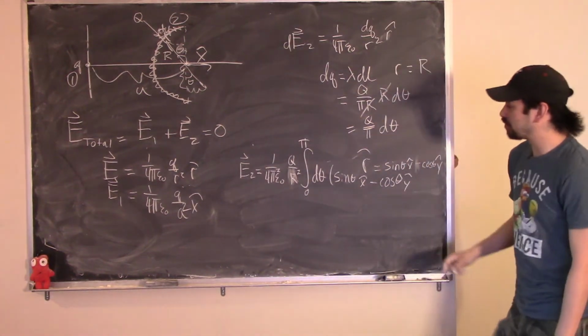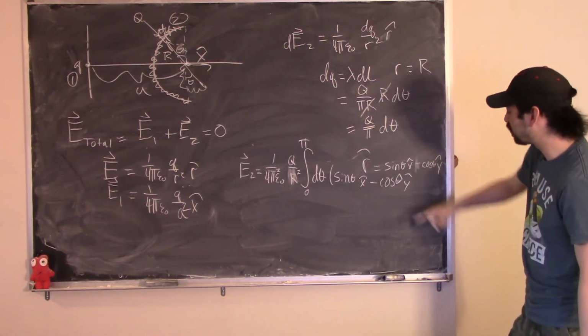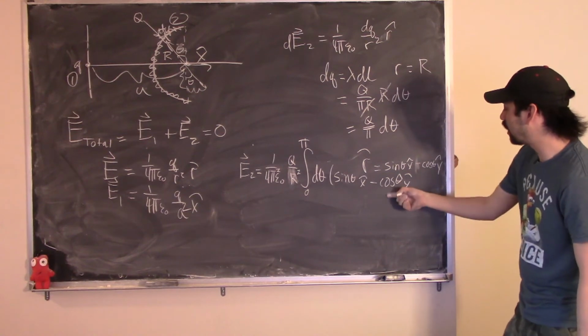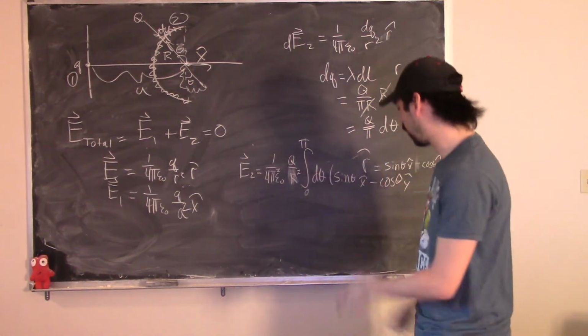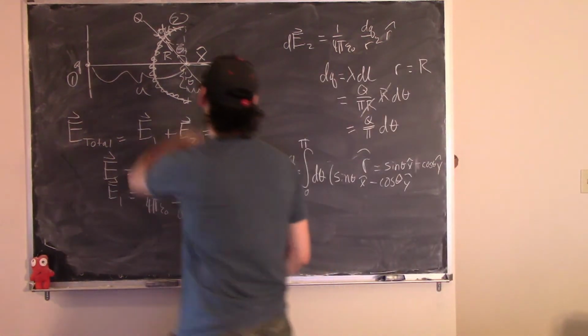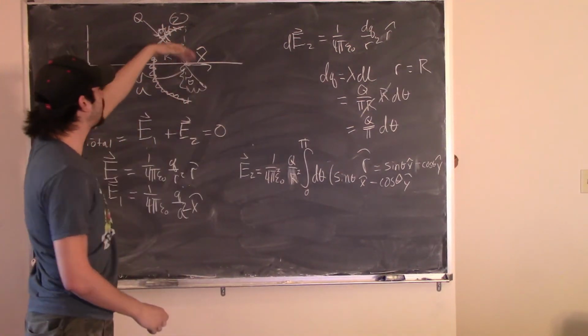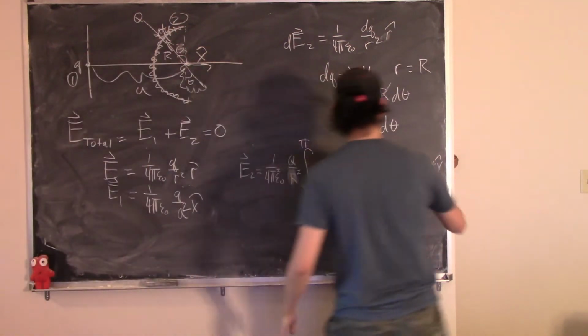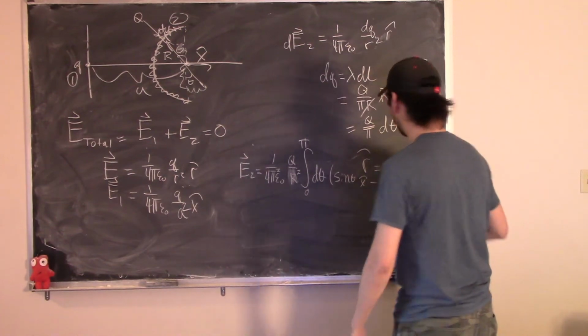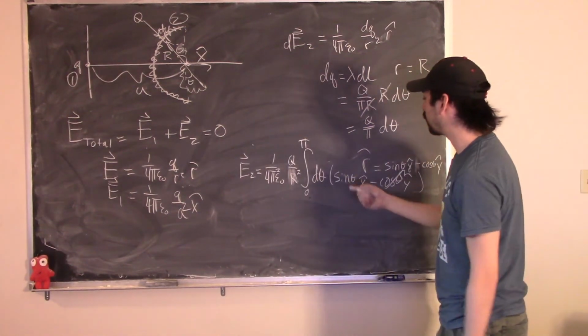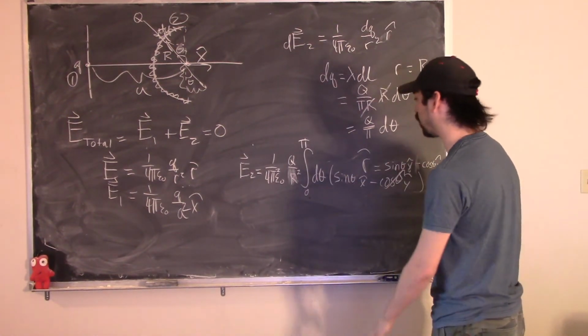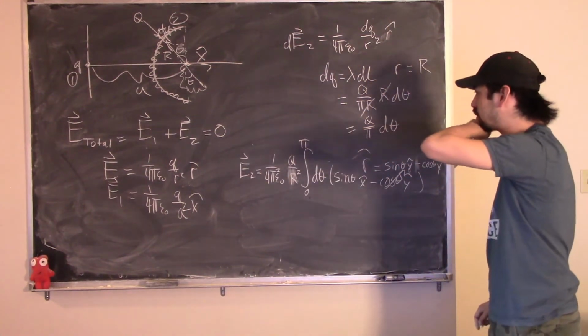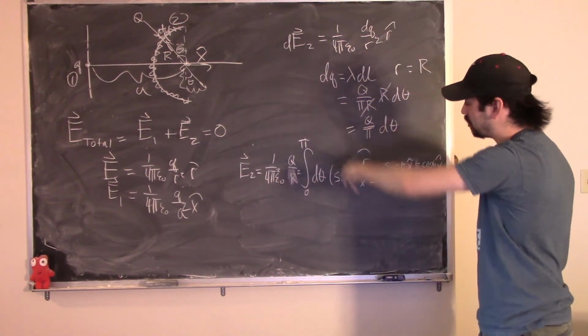Over the interval for this one, the cosine of theta is going to go to 0. Again, if we look back at those plots or we think about the symmetry of what's going on here, the y components are going to have to cancel. This is going to go to 0 when I do this integral. This one's going to give me a factor of 2. Go ahead and check that when you do this calculation.